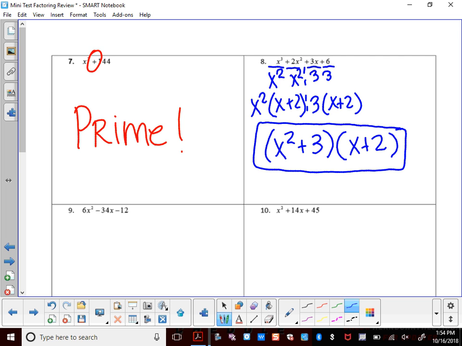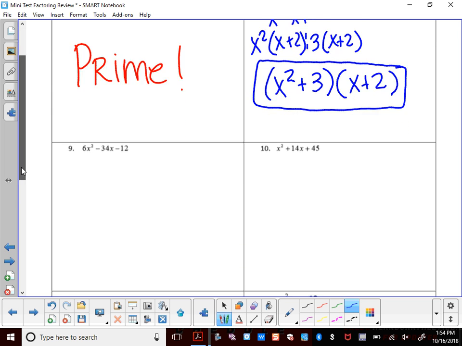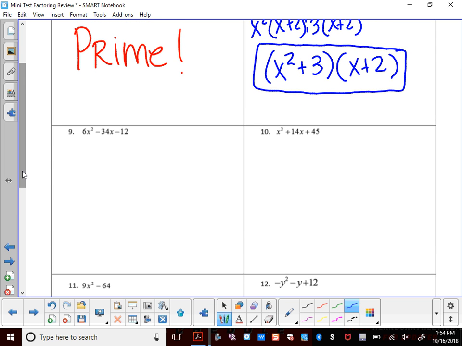All right, number 9 is kind of not difficult, but you got to pay attention. On number 9, we could swing it. There's a big number here, a 6, but we would get large numbers. I'm going to look for a GCF first. I have 6, 34, and 12. What's my GCF? Is 6 going to work for 34?